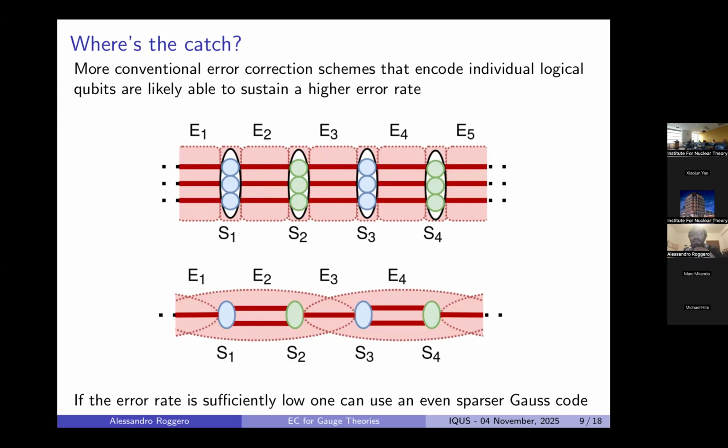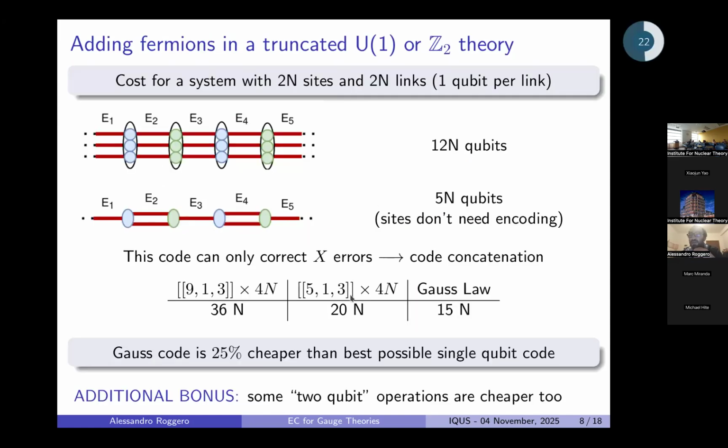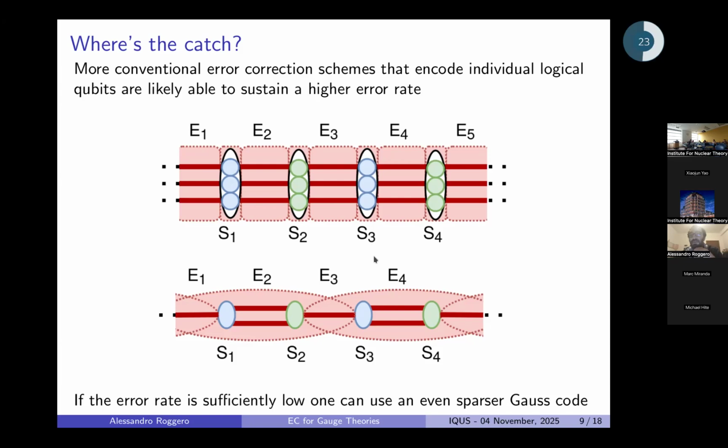With the more expensive encoding, we can fix all of them, because there is always only one error per block. If we are using the cheaper Gauss code, we win in memory, but we lose in a way in the blocks where we can allow an error.